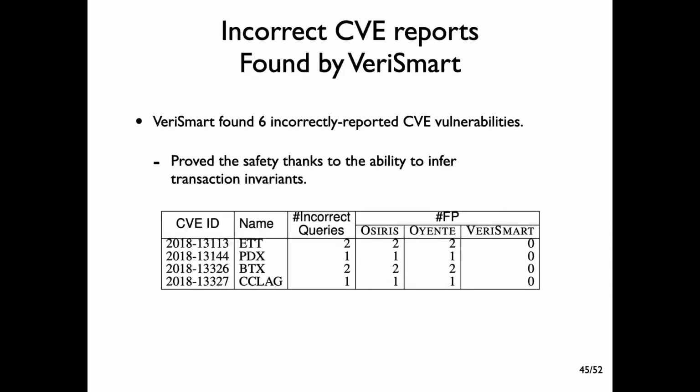Interestingly, using VeriSmart, we were able to find 6 incorrectly reported CV vulnerabilities. This was possible thanks to the capability of computing transaction invariants. On the incorrectly reported CV vulnerabilities, Osiris and Oyente produced false alarms.